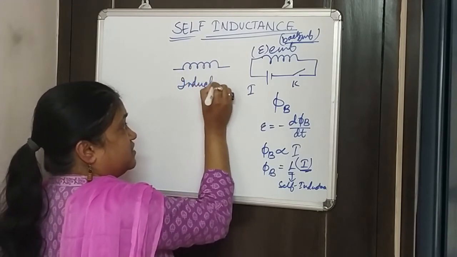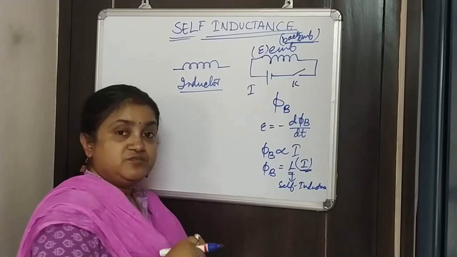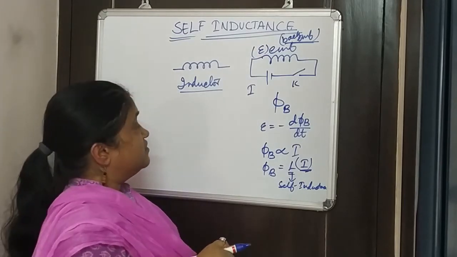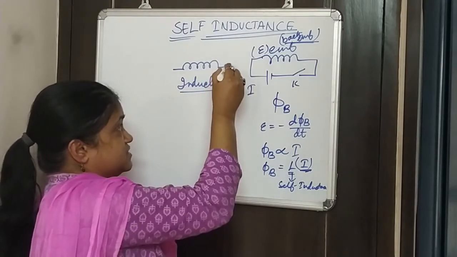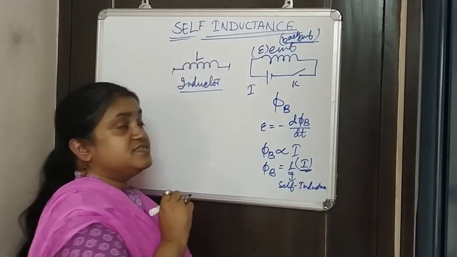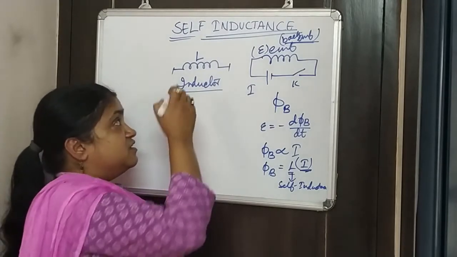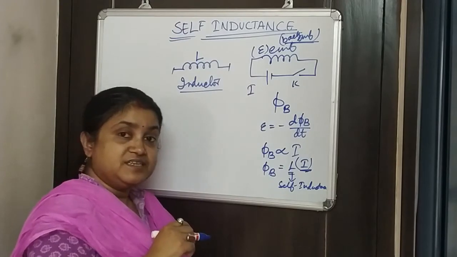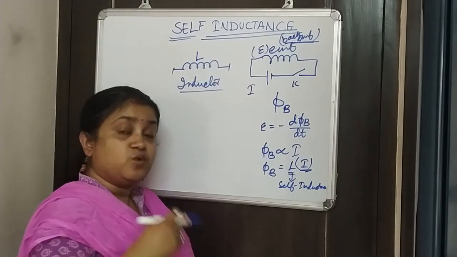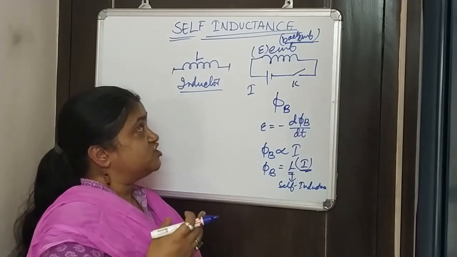This is a very important circuit element when we study electrical and electronics, and this circuit element has a particular inductance L. Every inductor has a particular inductance, or self-inductance, L. And what is their general work, their general property?